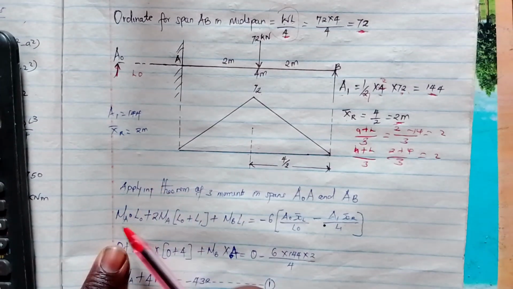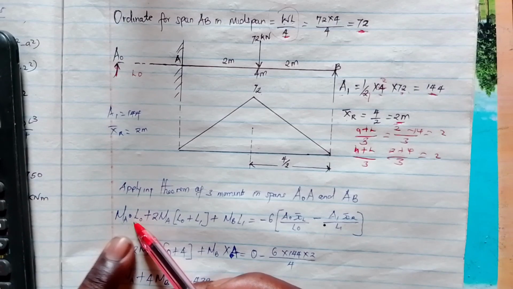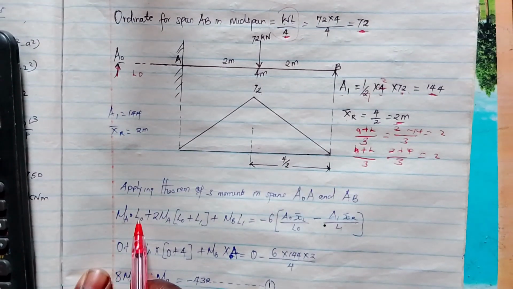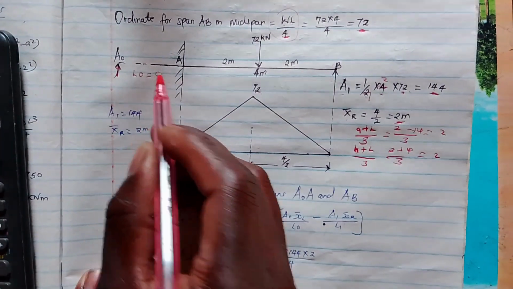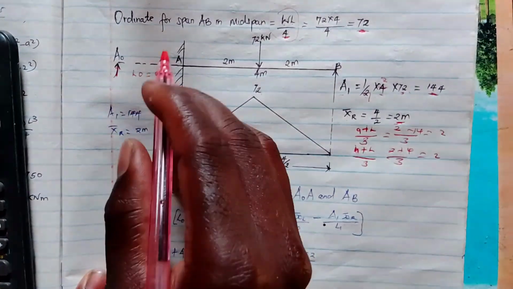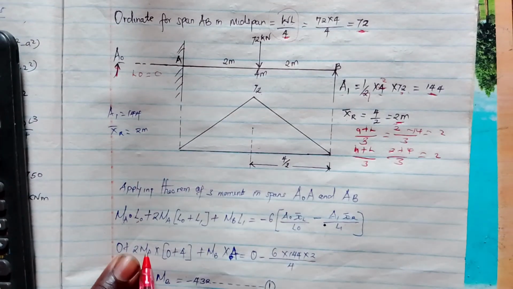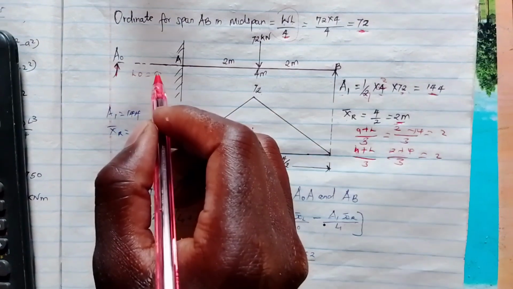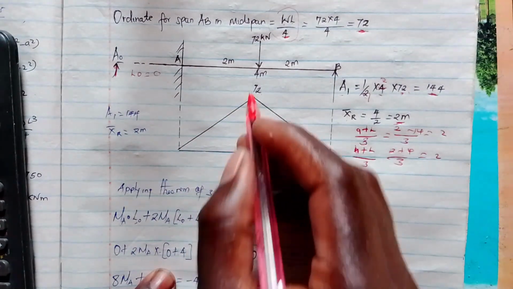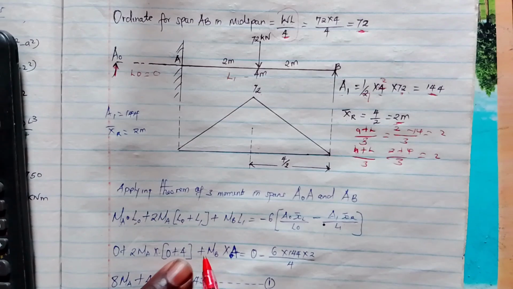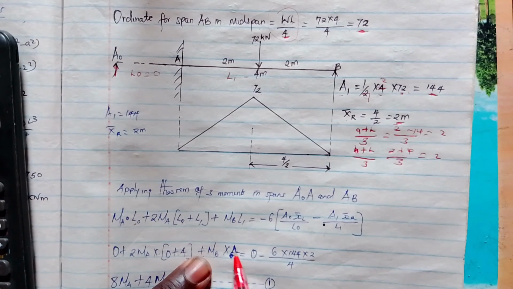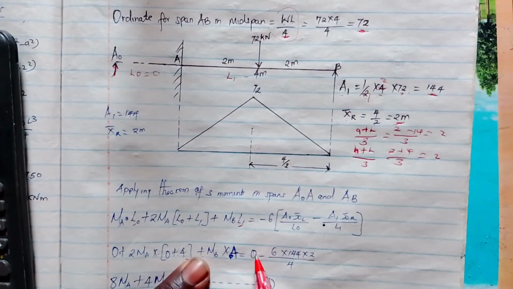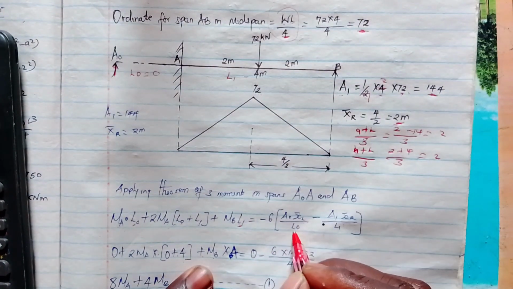So here we have MA times L naught, plus 2 MA times (L naught plus L1), plus MB times L1, is equal to minus 6 A1 x bar over L1 plus 6 A2 x bar over L2. Let's go. Here MA times L naught, this distance is 0 because we just created it, so it is 0. Then plus 2 MA times (0 plus L1), L1 is 4, then plus MB times 4, is equal to 0. This part becomes 0 because this distance is 0.